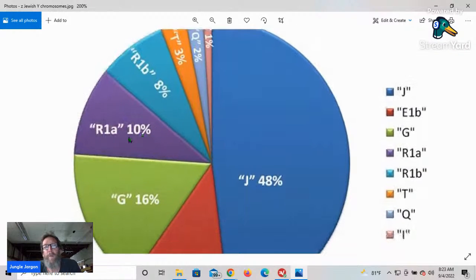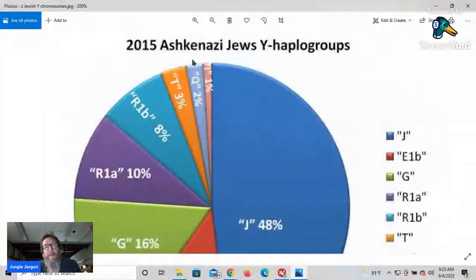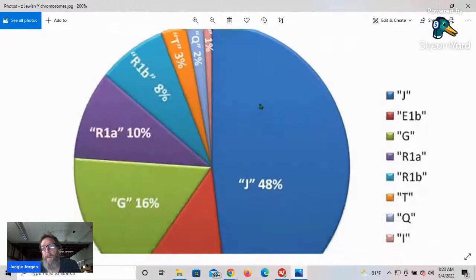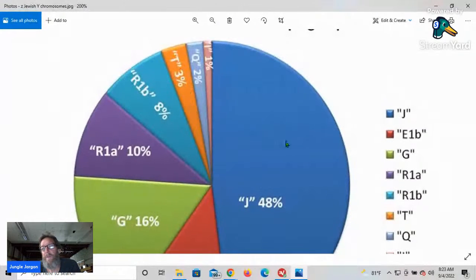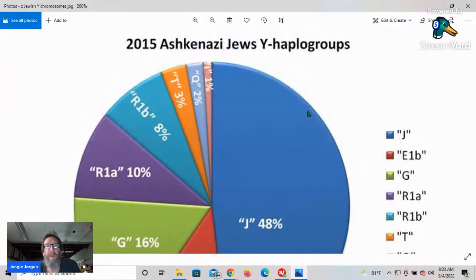So that explains the R1A, R1B being Riphath of the Mediterranean, Q being the Medes of Madai, and of course I is the lost Danite tribe in Europe. But only 3% of the Javan Sea people in the population of Ashkenazi Jews that lived in the land of Ashkenaz, the son of Japheth.